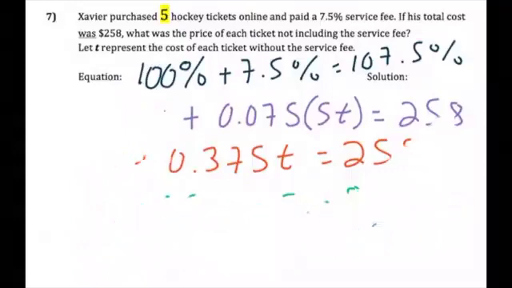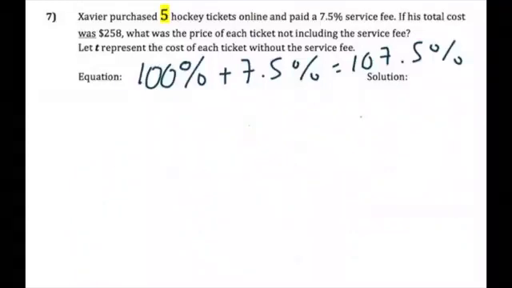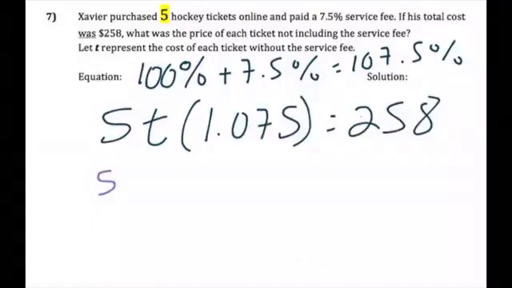Okay, so the other way to think about it, remember again we said that 100% plus 7.5% is 107.5%. So if I have the cost 5T and I just multiply that by 1.075 equals 258, then I get 5.375T equals 258.